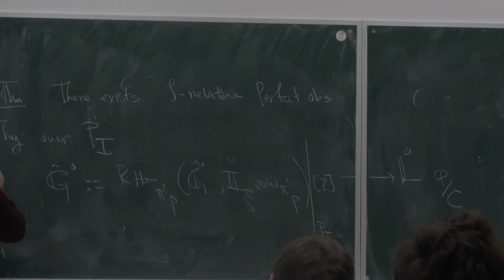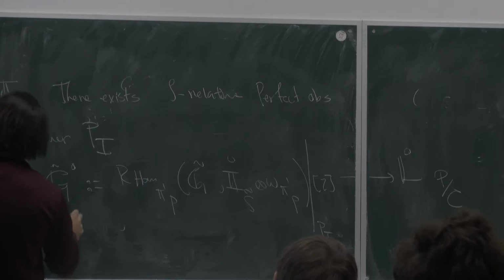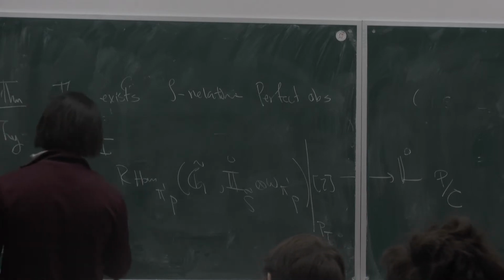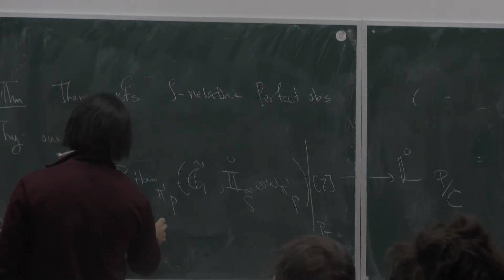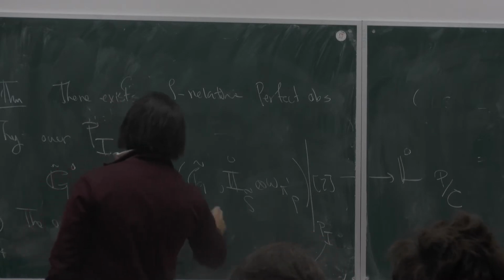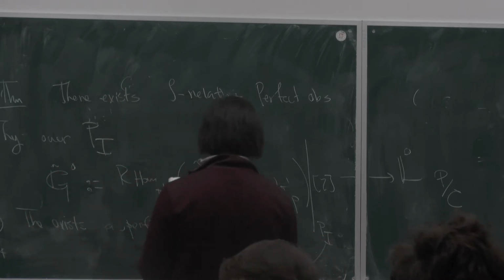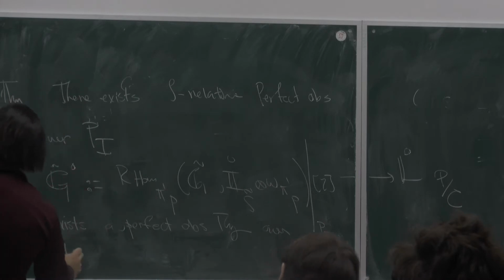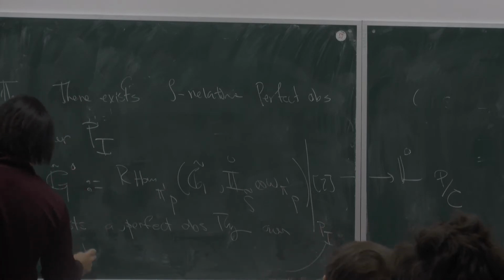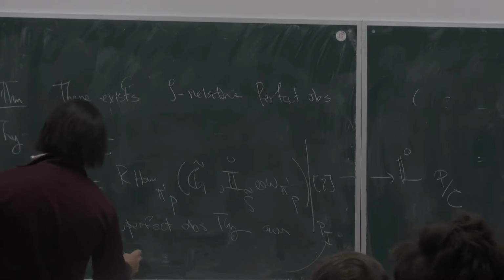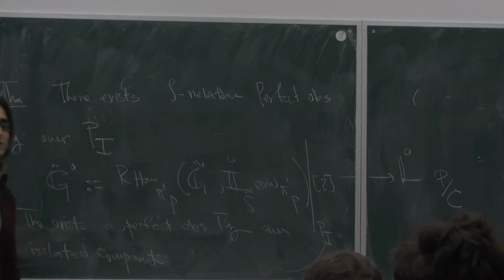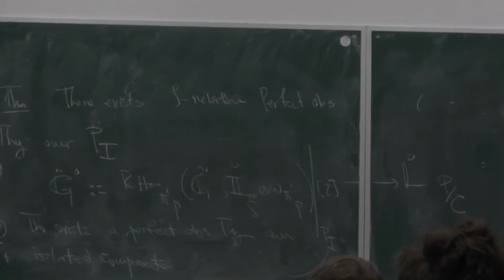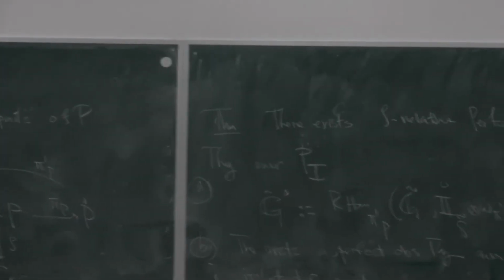Moreover, there also exists a perfect obstruction theory over isolated components. The isolated components of the moduli space are honest moduli spaces of pairs on the fiber.